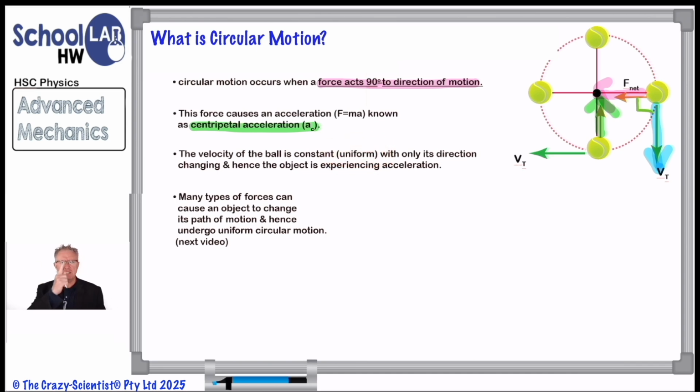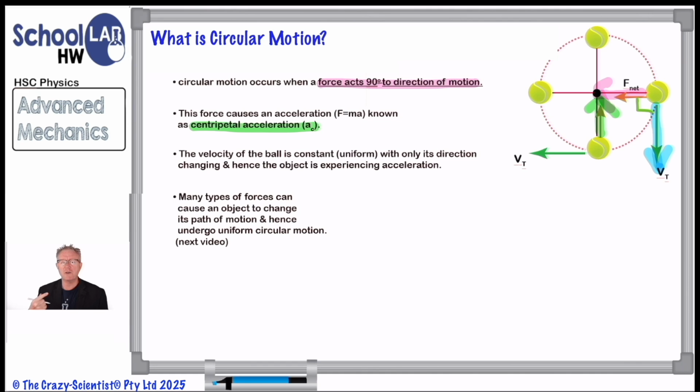Now, if the speed is constant, how can it undergo acceleration? Isn't acceleration just the change in velocity divided by time? Well, if it's got the same speed, is its velocity changing? Yes, it is, because its direction is changing. Remember, velocity has a magnitude plus a direction, and the magnitude, that is the speed, might be constant, but the actual direction is changing, so therefore the velocity is changing.